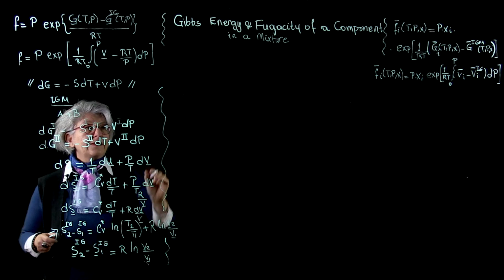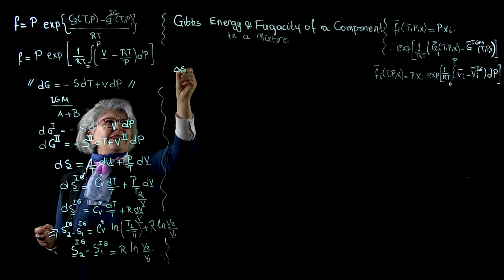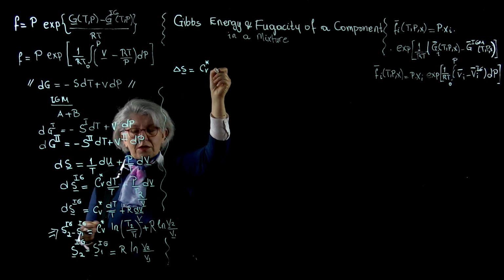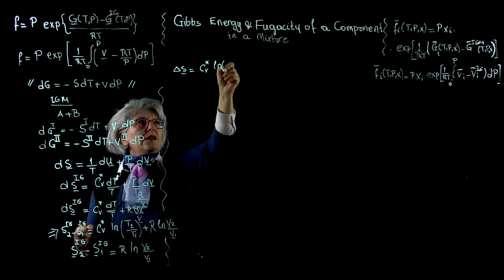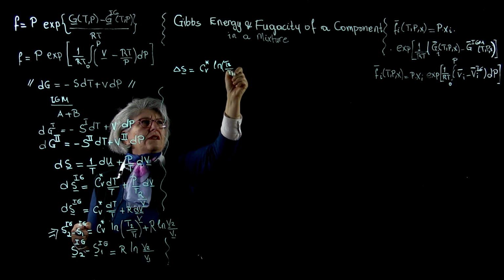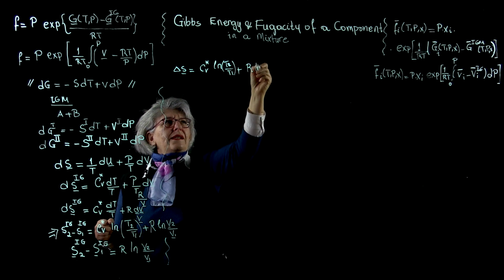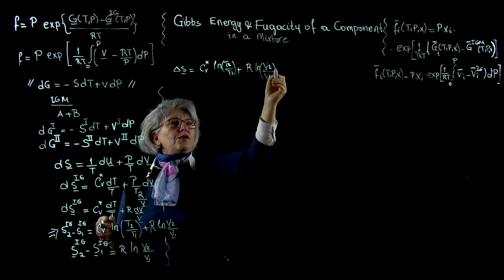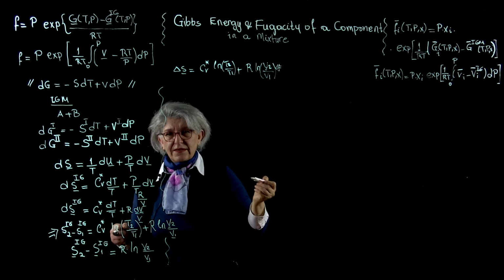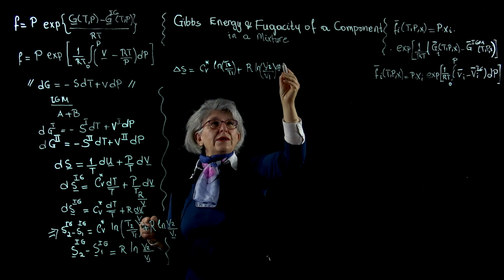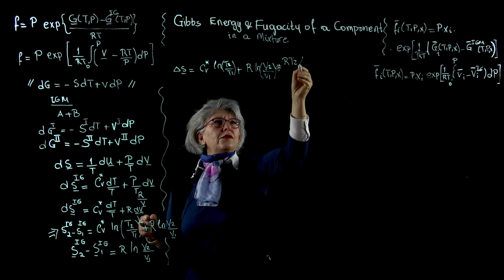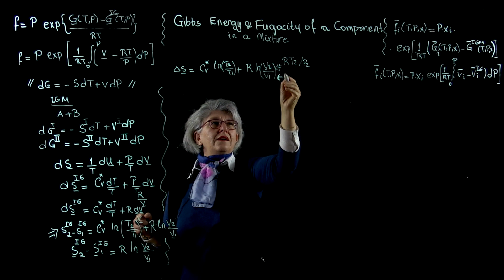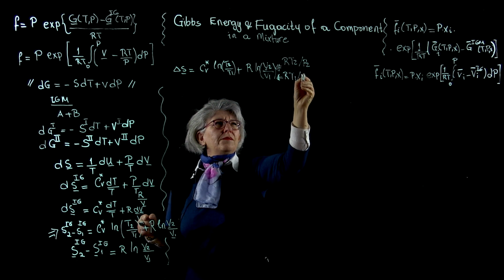Again, we are dealing with an ideal gas. Delta S, I will go shorthand, is equal to Cv star ln T2 over T1 plus R ln V2 over V1. Now, instead of volume, I'm going to introduce the ideal gas equivalent, which is RT2 over P2, and for V1, RT1 over P1.